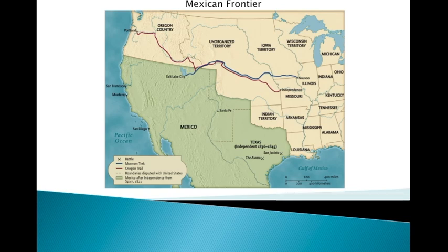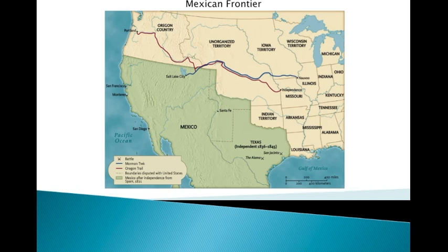But Stephen Austin, along with the American settlers in Texas, demanded greater autonomy within Mexico. And they were joined by the elite Tejanos. And the Tejanos were generally ranchers and farmers in Texas.